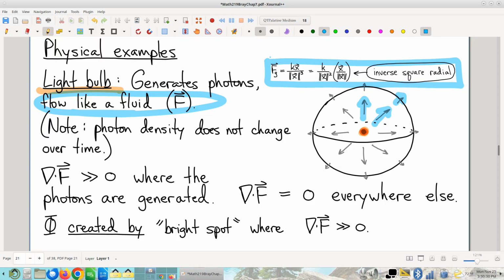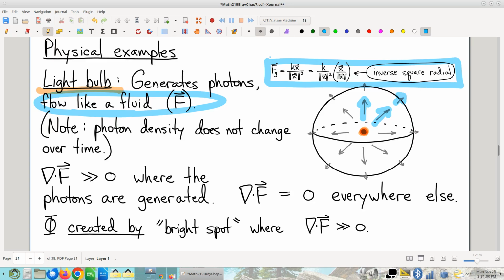And just a quick comment, a lot of people get weirded out by this because, wait a minute, I thought the speed of light was constant. This doesn't have a constant magnitude. Are these photons slowing down? Nope. What you have to keep in mind is that, depending on the situation, sometimes your vector field doesn't represent velocity alone. Sometimes it represents velocity times density. And this is one of those times.